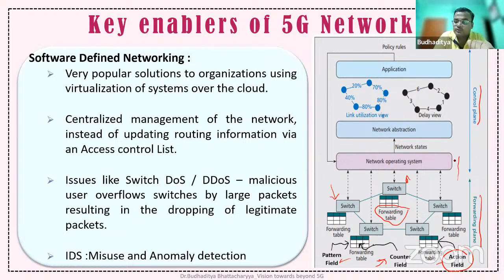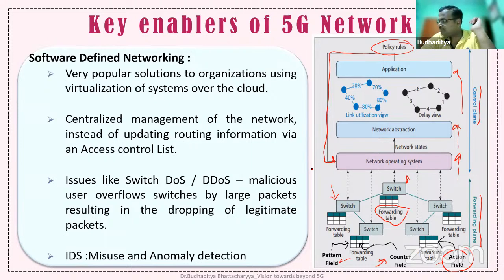After doing this, it goes to the network operating system, then to the network abstraction segment, and finally to the application. Now, interestingly, you can see over here the policy rules. Suppose you are designing a network and making some policies on that network, you can make sure there is feedback that goes to the operating system, and there will be an adaptive change in the policies that you are making to the network.